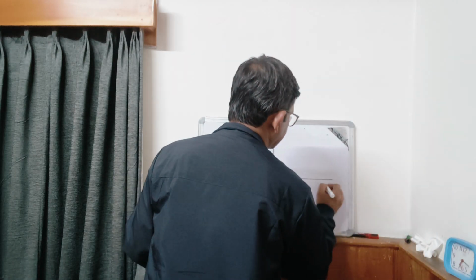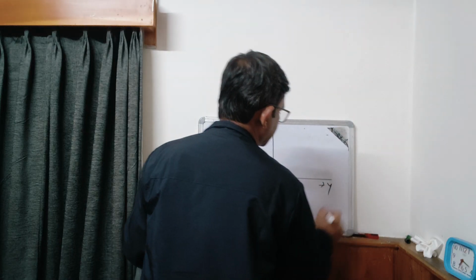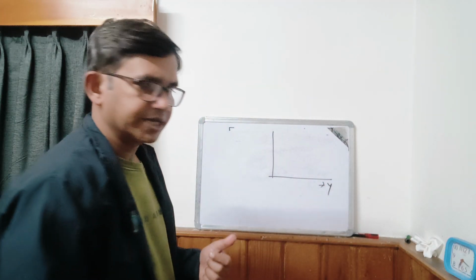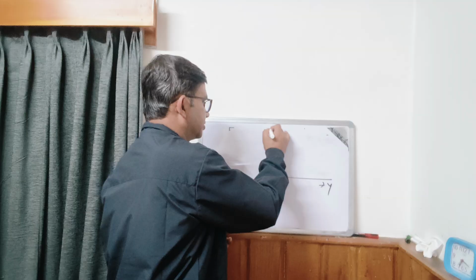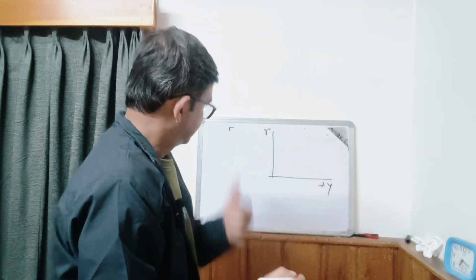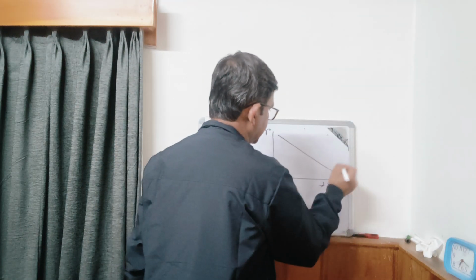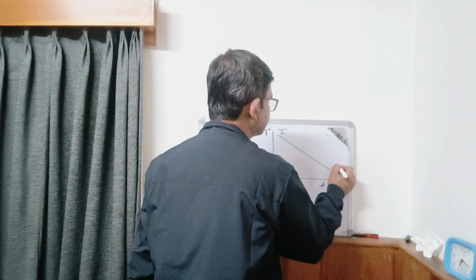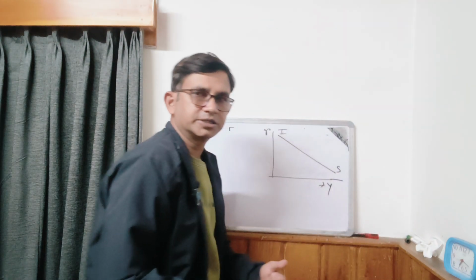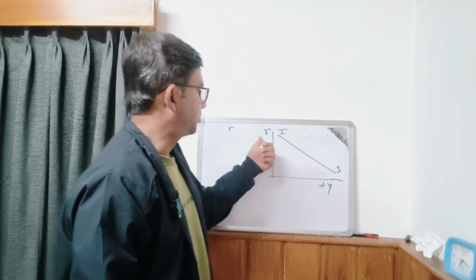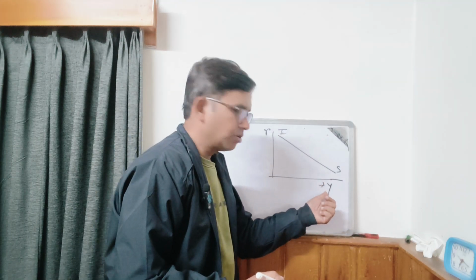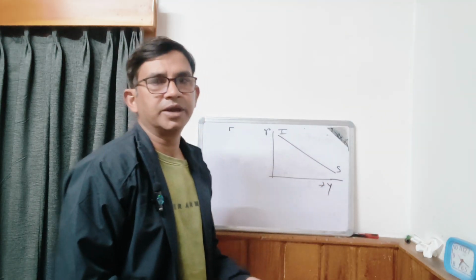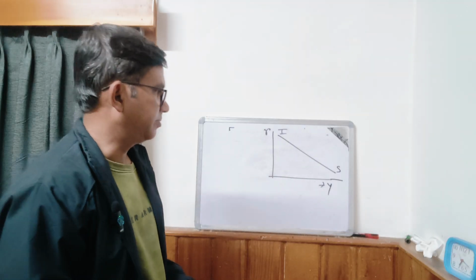In the graph, the horizontal axis represents aggregate demand and the vertical axis represents the rate of interest. This is a standard IS curve, which represents the inverse relationship between rate of interest and aggregate demand that maintains commodity market equilibrium.